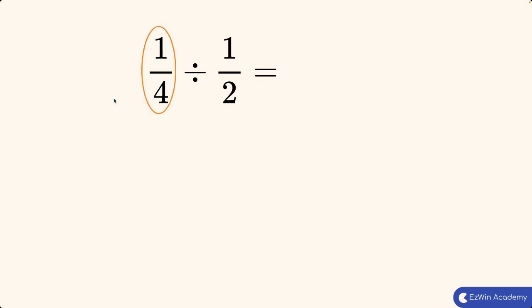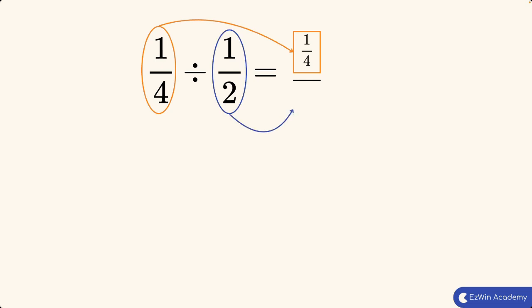And now lastly, we're going to have another example where we have a fraction divided by another fraction. And it goes the same way. We have 1 out of 4 as our numerator, and we place it over here, and then we divide it by our denominator, which is 1 out of 2, and we place it below, as you see over here.